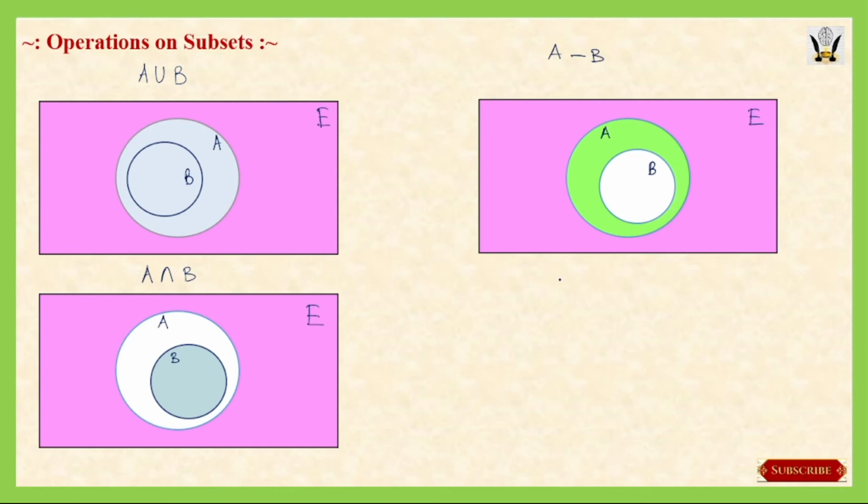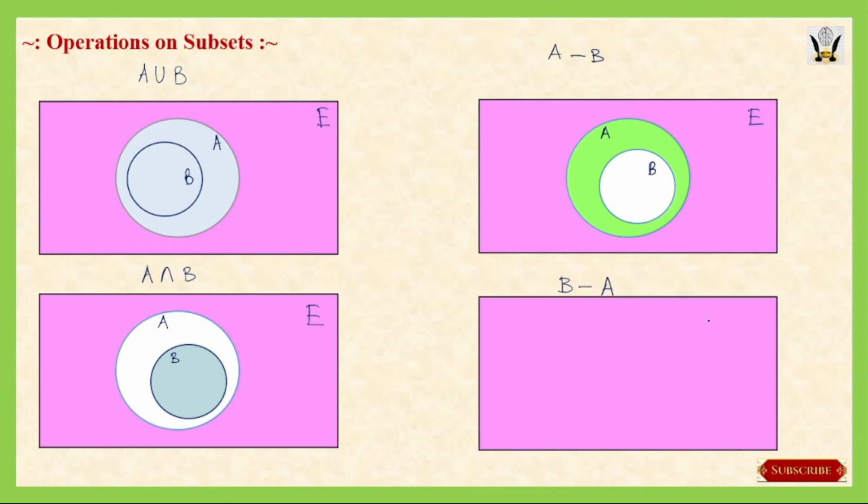Now we will perform the difference between B and A. So again we will have the superset, which is E, and then we will have two subsets A and B. So here the difference is between B and A, which means we will consider the elements of B which only belong to B but don't belong to A. But since B is a subset of A, B does not have any such element which doesn't belong to A, because all the elements of B are the elements of A also.